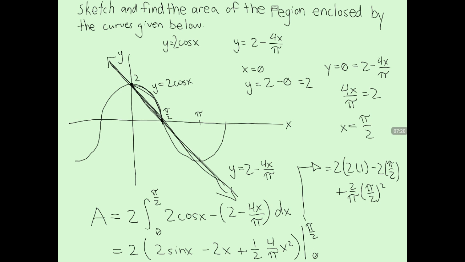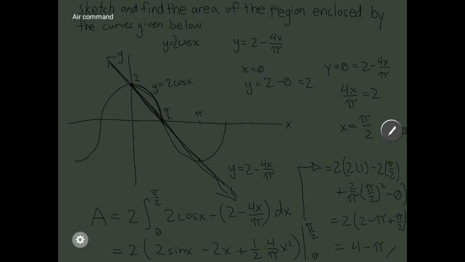And if we plug in 0 for all of these, we get minus 0, minus 0, minus 0. So those do not matter. So if we simplify this, we get 2 times 2 minus pi plus pi over 2. And if we simplify this further, we get 4 minus pi. And this is our final answer.